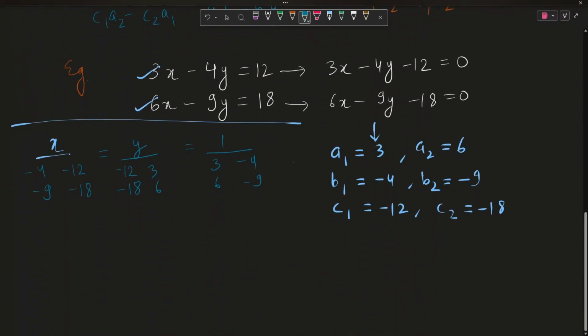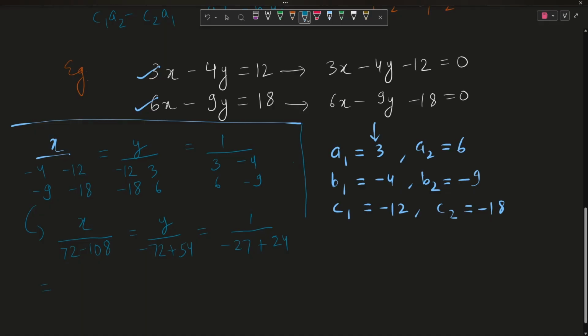Now we can solve this. How could we solve it? It could be solved as x upon minus 4 into minus 18, which is 72, minus 108, and y upon minus 72 plus 54, is equal to 1 upon minus 27 plus 24.